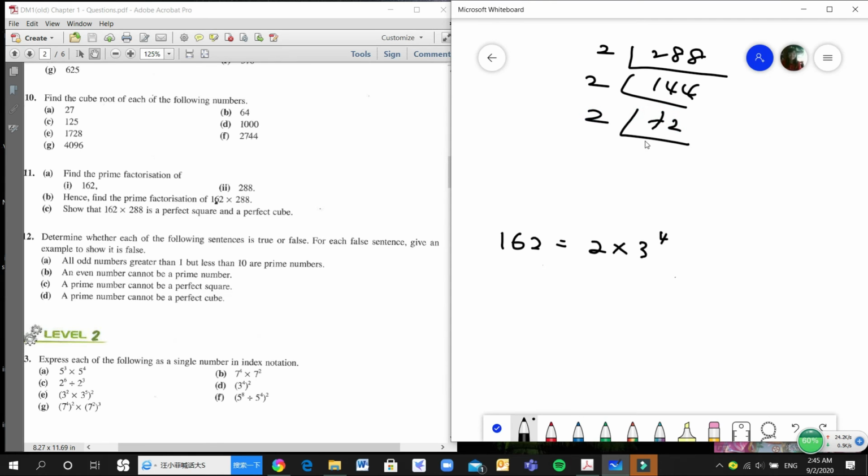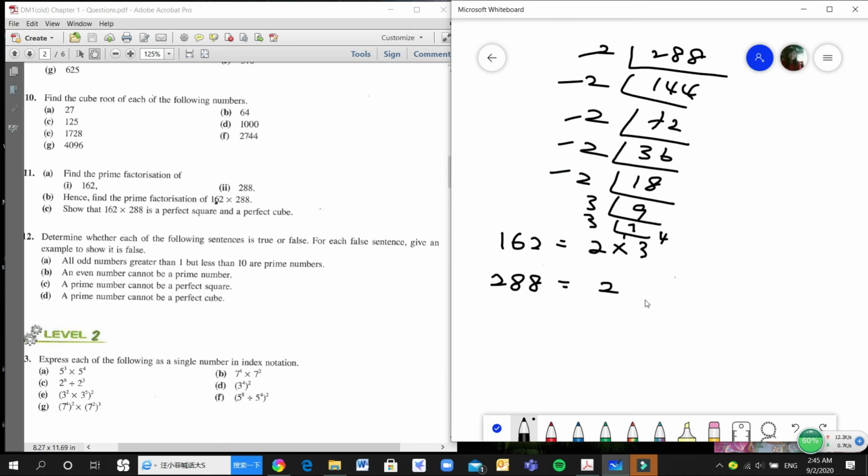If divided by 2 again, 36. Okay, so I can say that 288 comes from 1, 2, 3, 4, 5, 5 twos multiplied together, and then times 3 to the power of 2.